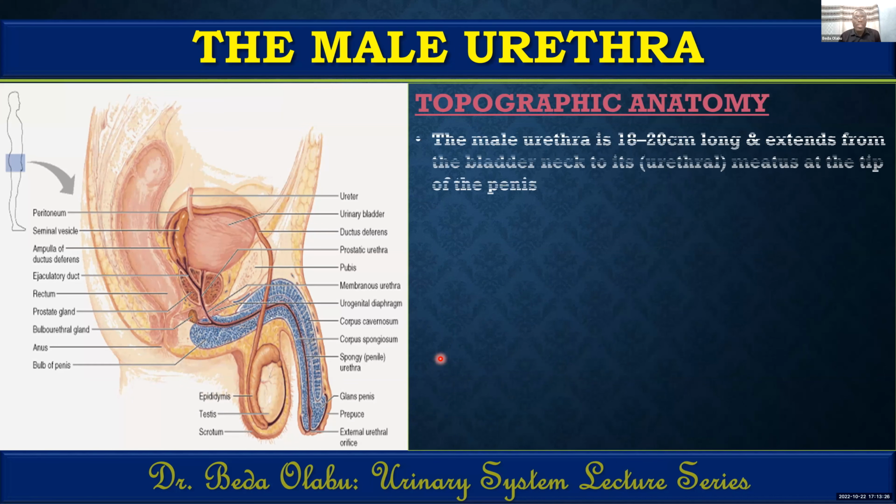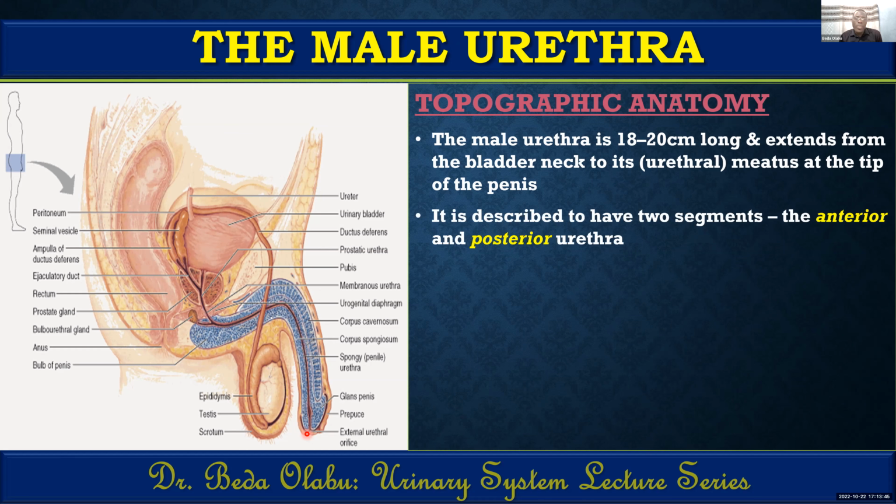Topographically, the male urethra is long, about 18 to 20 centimeters, and it extends from the bladder neck all the way to its orifice at the tip of the penis. We describe the male urethra as having two segments, the anterior urethra and the posterior urethra, and I'll explain.